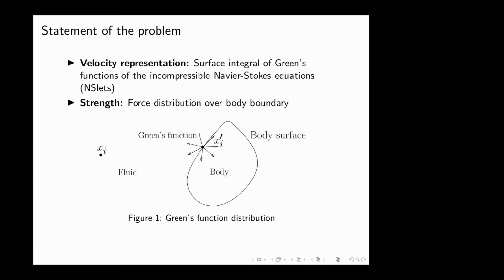So xi prime means the parameter values over the body surface, and that ends up as an integral distribution. It's also the variable of integration that I get in the representation.